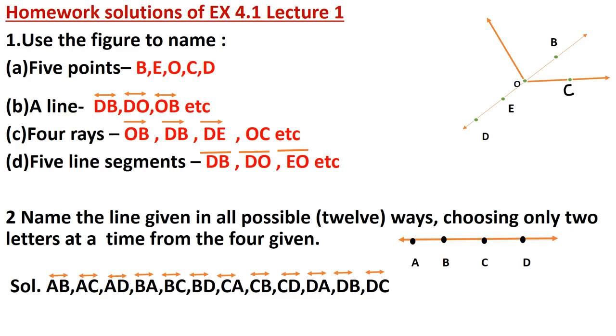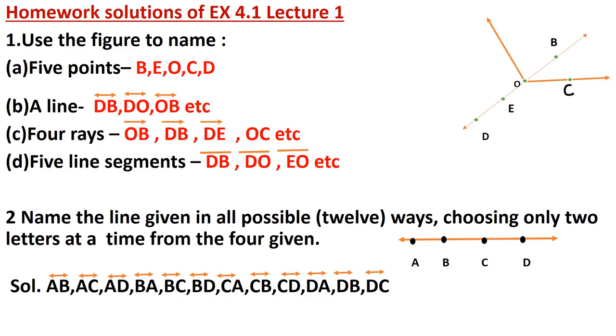Now see the diagonals. Diagonals are the lines joining non-adjacent vertices. So see AC: when we join A and C, these are not adjacent vertices. These are the endpoints of two different sides.